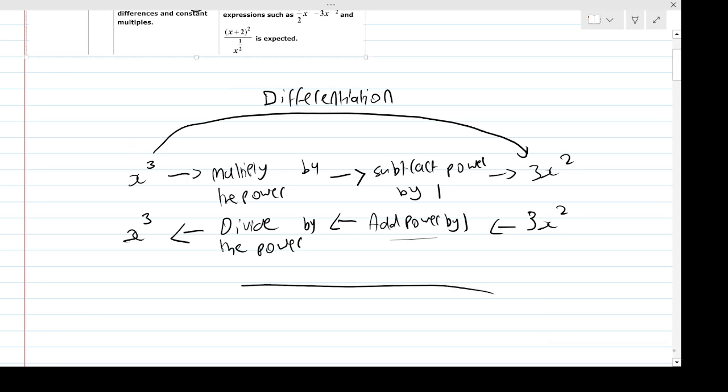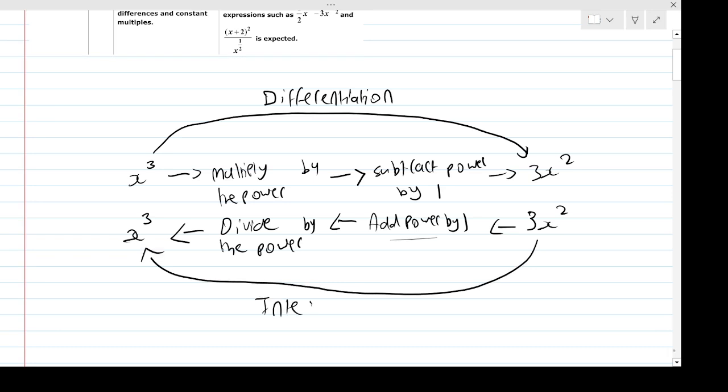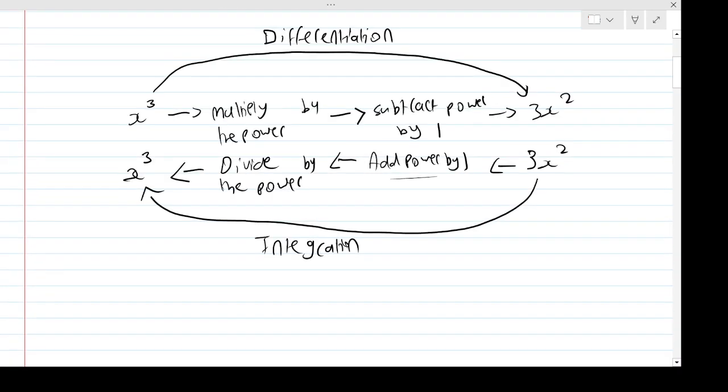What about the process the opposite way? You probably guessed it. It's called integration. In general, integration is the opposite, or we could say the inverse, to differentiation.